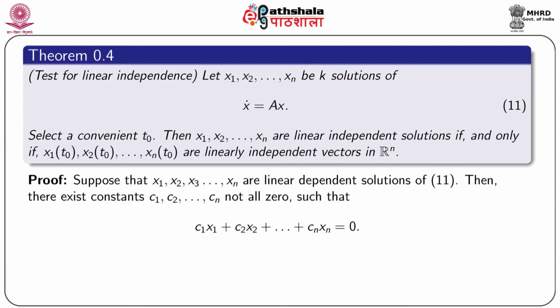The proof: suppose that x1, x2, x3, ..., xn are linearly dependent solutions of (11). Then there exist constants C1, C2, ..., Cn, not all 0, such that C1 x1 + C2 x2 + ... + Cn xn = 0.